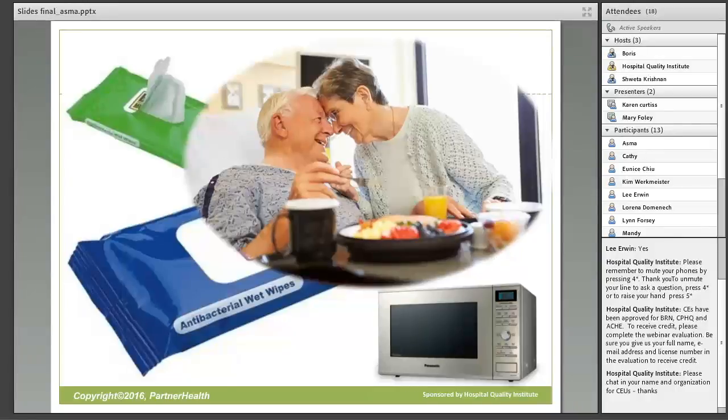And if you have a central location with a microwave, why not provide patients' families with antibacterial wipes to throw in the microwave and bring back to their loved ones, not just at mealtime, but any time they might need a little pick-me-up.